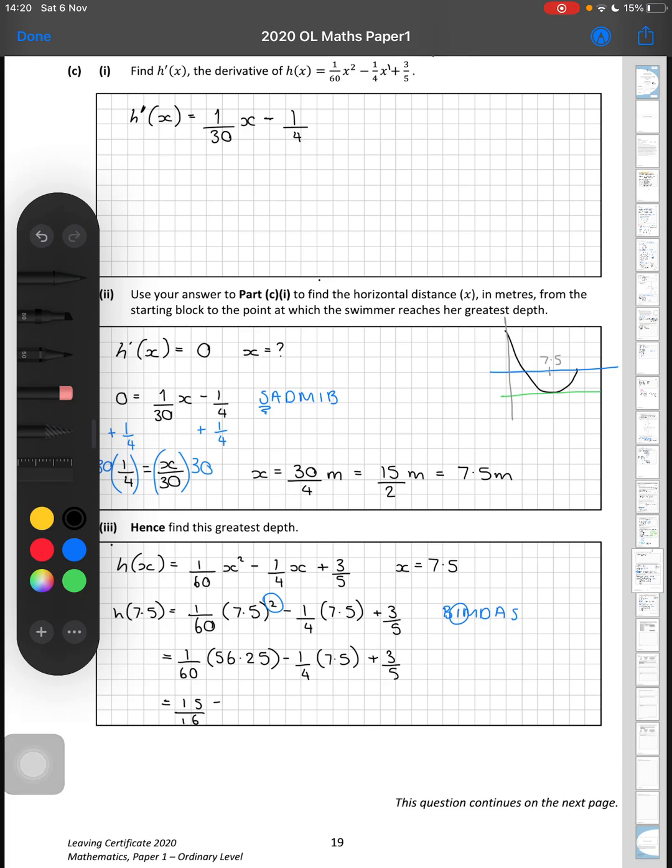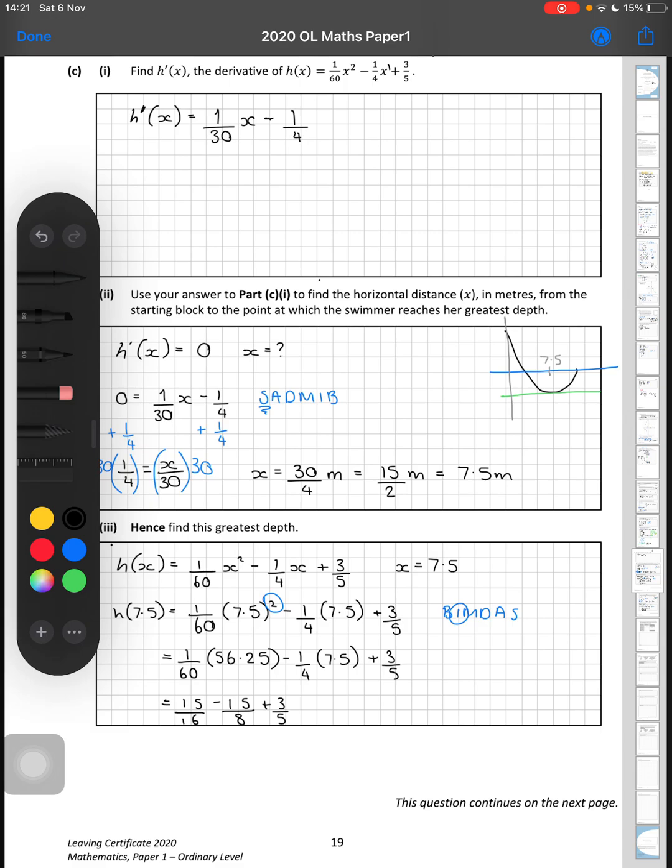Okay, 1 over 60 by 56.25, I get 15 over 16. And then minus a quarter by 7.5, so minus 15 over 8.